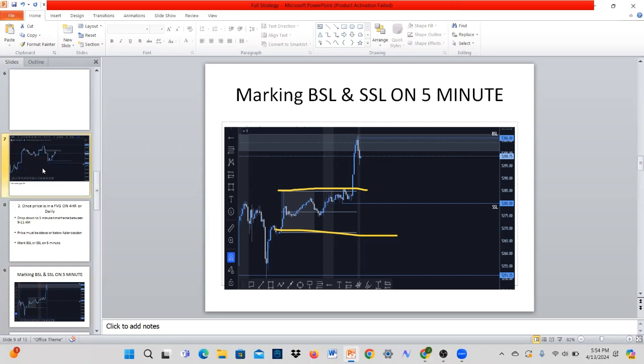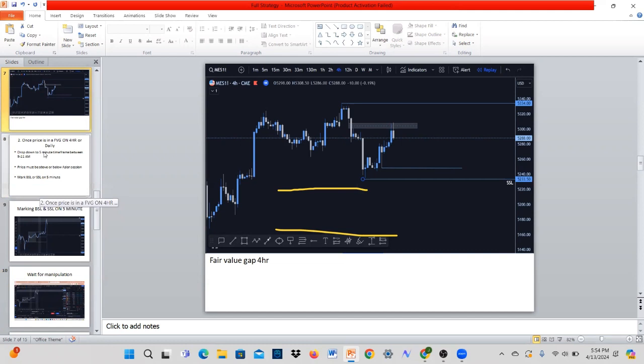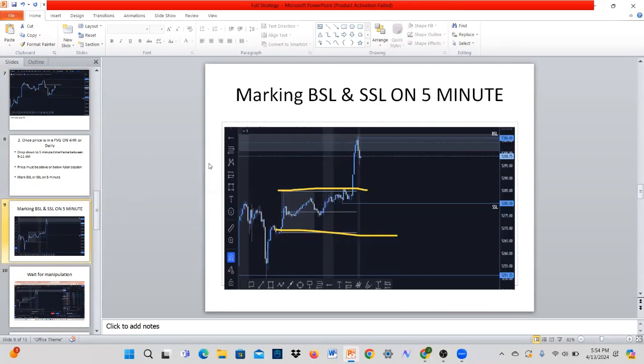So if we come back to here, notice how we're in a selling fair value gap on a 4-hour time frame. So because our bias is sells, we want to take a trade when price is above the Asian session, because we're looking for sells.